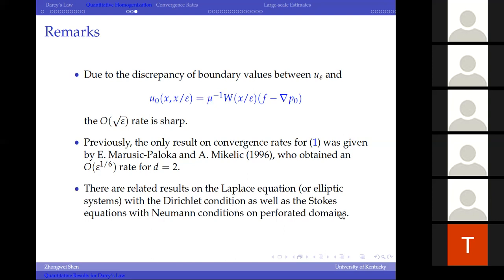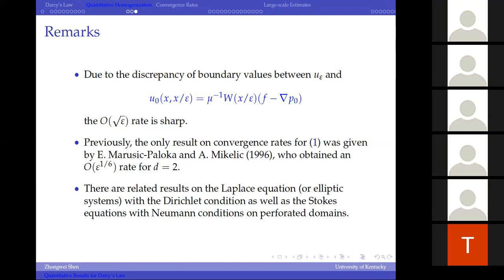Okay, but I also want to mention that there is work for the case of the Laplacian with the Dirichlet condition. There is also work for the Stokes system with Neumann boundary value problems on perforated domains. The Neumann boundary condition on a perforated domain is quite different from the Dirichlet boundary condition.